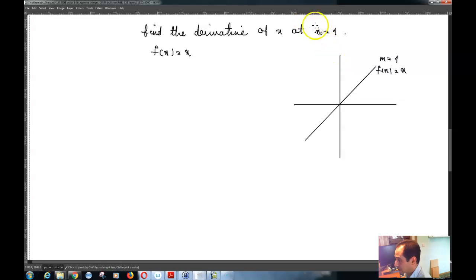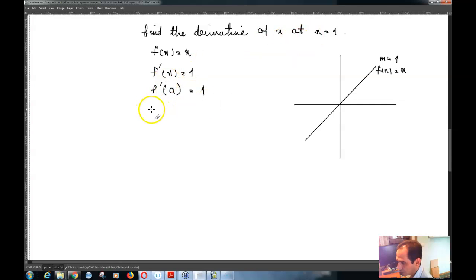That means that the slope of this function, or f prime of x, is equal to 1, and of course you can say that f prime of any x, basically I can call it a, is equal to 1, meaning that the slope of the function at any x is equal to 1.